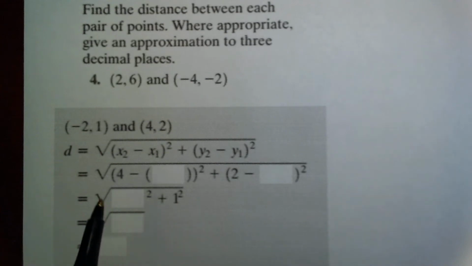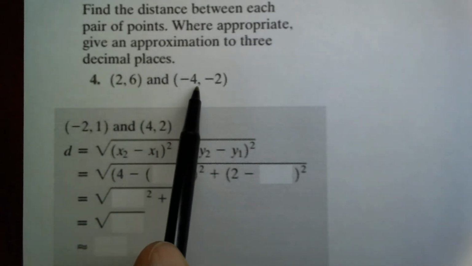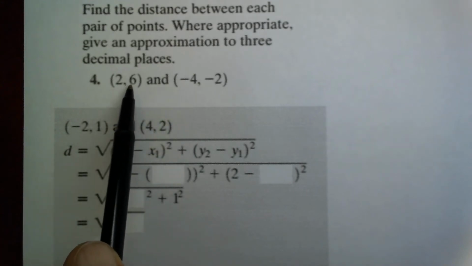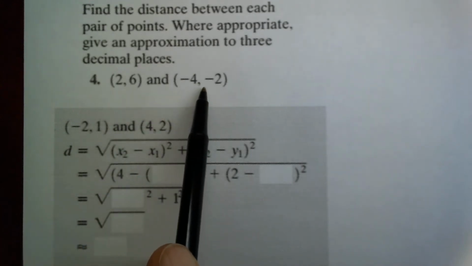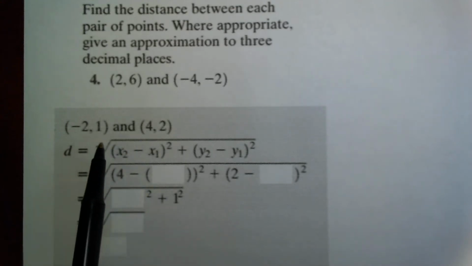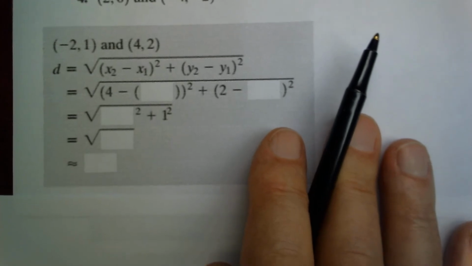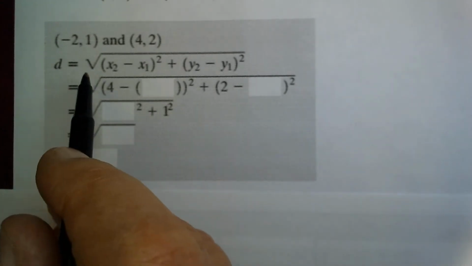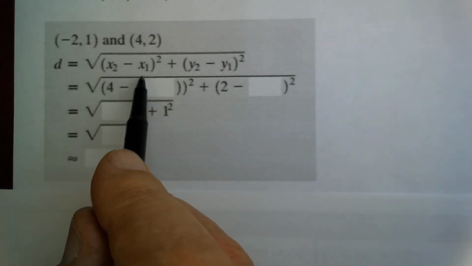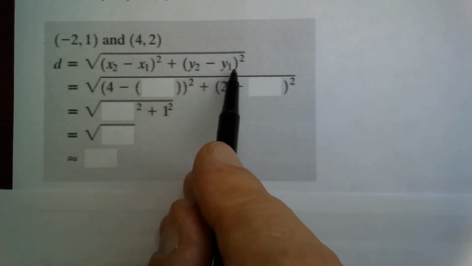In this guided solution, we find the distance between these two points, 2, 6 and minus 4, minus 2. So here are the two points, and now we compute the distance as d equal to the square root of x sub 2 minus x sub 1 squared plus y sub 2 minus y sub 1 squared.